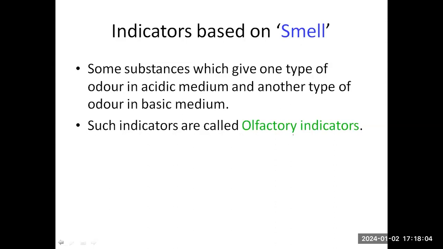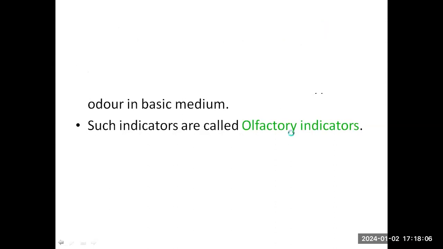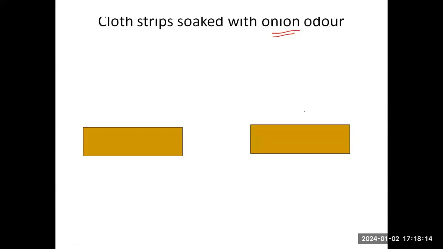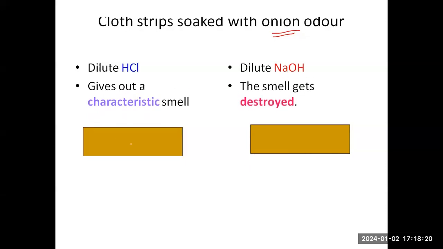You can see the definition, right? The first example is onion. Onion is an indicator which will give a characteristic smell with acid, and the smell will disappear with the base. It shows a cloth soaked in onion juice.